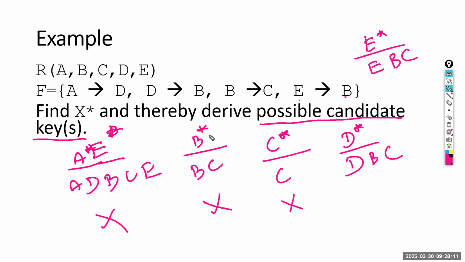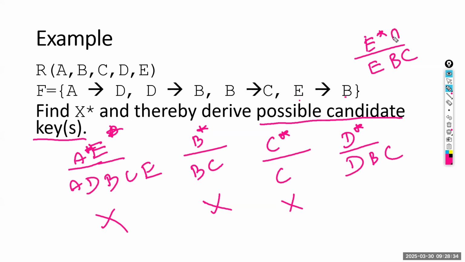But if you introduce E here, it just adds D, right? So just by adding one value, it is not going to give all of A, B, C, D, E. Here D means A is not there, right? But if I apply A, then again it is the same thing.